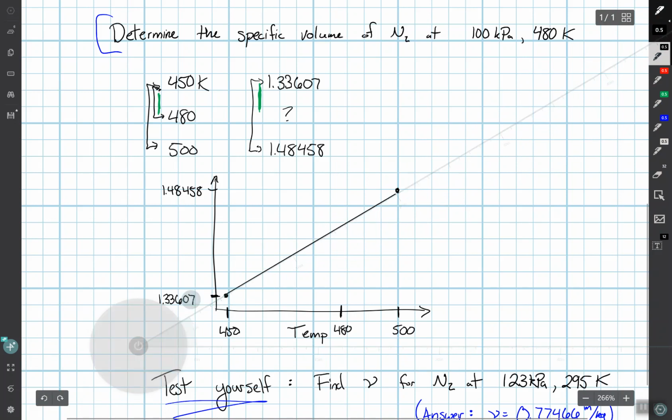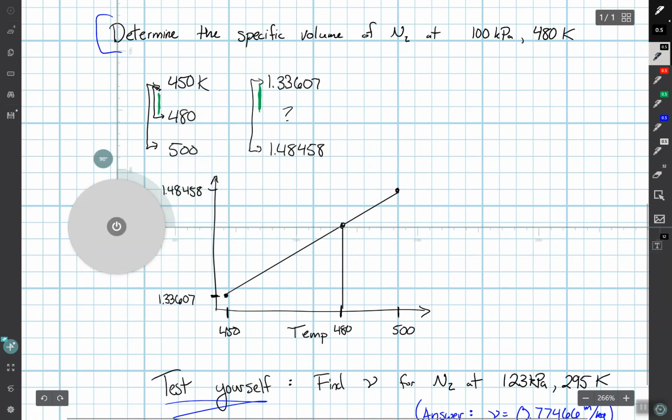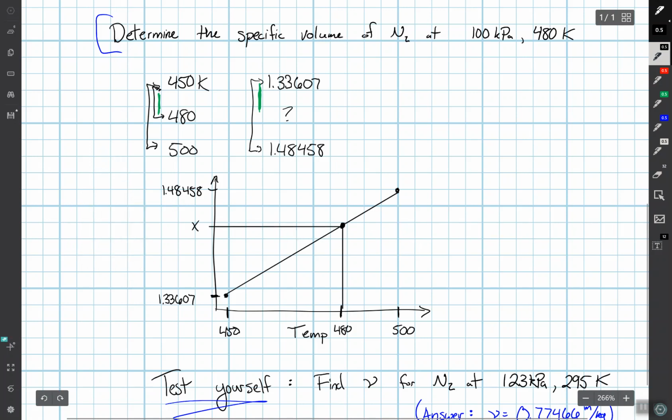We're going to draw a line between those two points. Okay. And we're going to interpolate by taking 480 up to our line, and then taking that back across to our y-axis. I guess we'll call this our unknown specific volume, V.